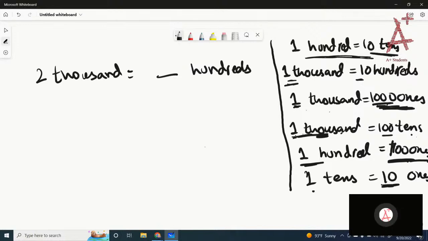So how many hundreds do you have in 2,000? The options given are 25, 45 and 20. So which is the correct option? Yes, 20 is the correct option. In 2,000 you have 20 hundreds. Got it? Okay, select the correct option, click on the OK button.